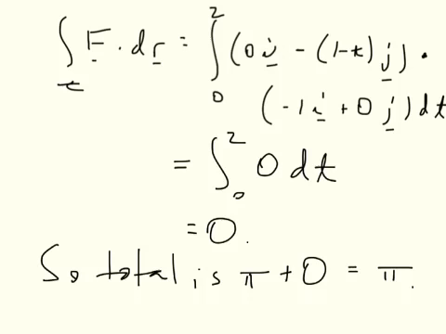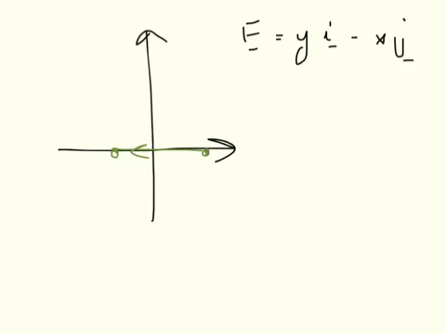Let's look a little more into this, though, because probably we didn't even need to bother to parameterize the path. This is so clearly a 0 that let's see if we could have thought about the vector field and the path and skipped the work of doing the parameterization. So our path was along the x-axis going backwards, and let's draw in some of our vectors there.